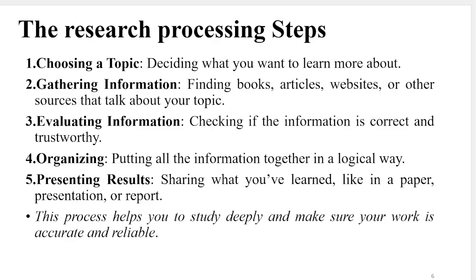In this step, we collect data and information from sources such as books, research articles, or reliable websites. Third, evaluating information. Here we check whether the information is accurate, valid, and comes from trustworthy sources.